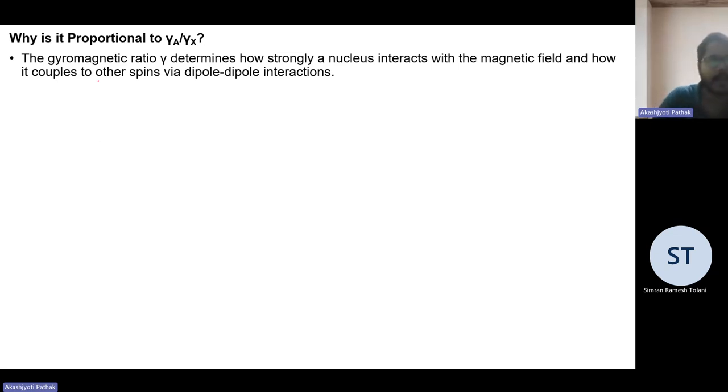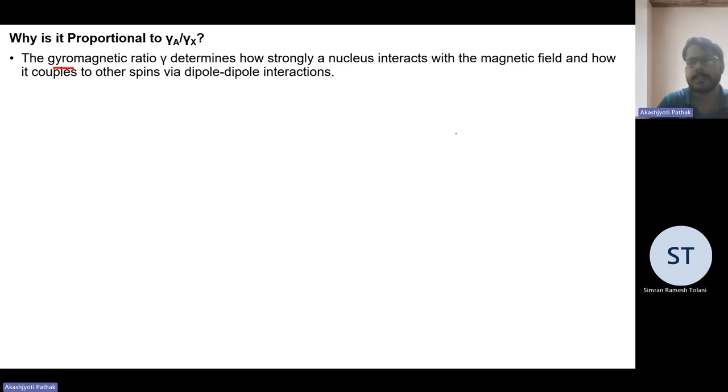We have already learned about this gyromagnetic ratio in our earlier classes. The gyromagnetic ratio tells how sensitive a nucleus is, and that sensitivity comes from how well it interacts with the external magnetic field. If the gyromagnetic ratio has a high value, like in the case of a proton, the gamma is very high.